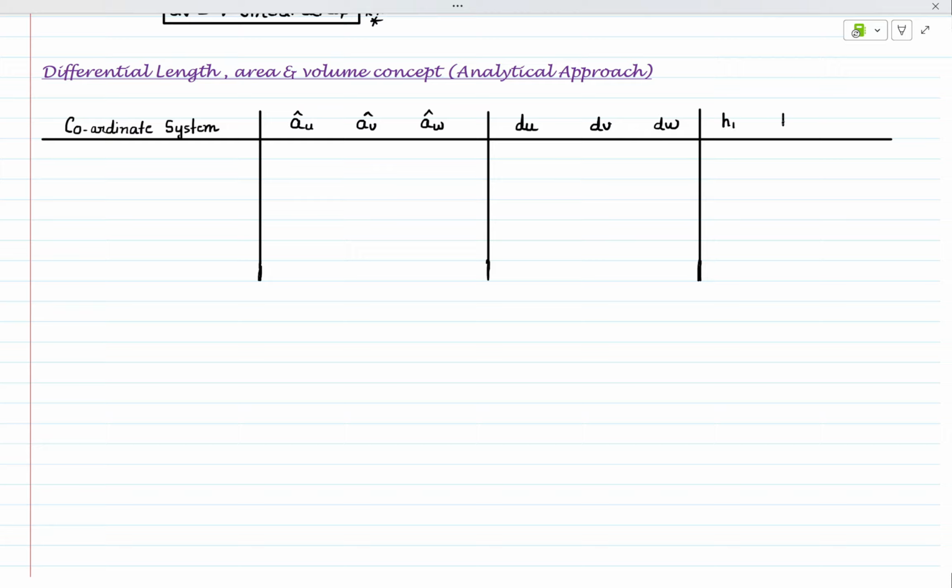Another term that will come into this picture is h1, h2 and h3. Now h1, h2, h3 are the parameters. Okay, right. I will denote these things over here also, don't worry. u, v and w are the parameters.